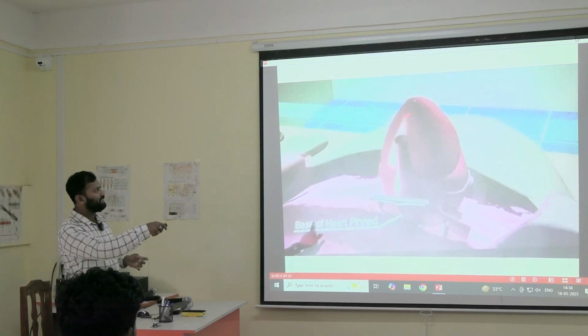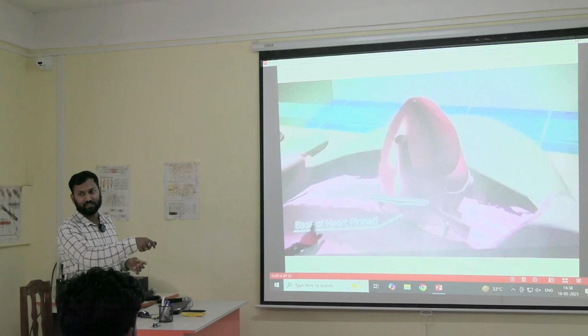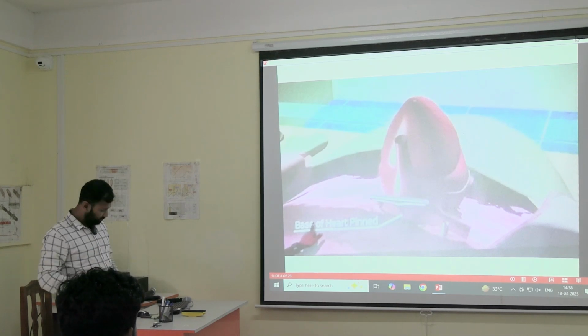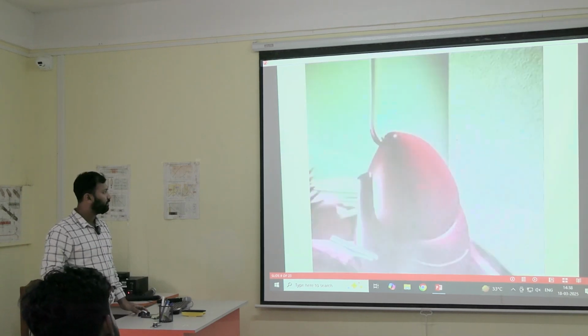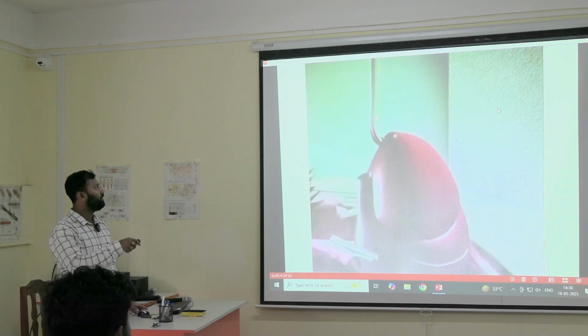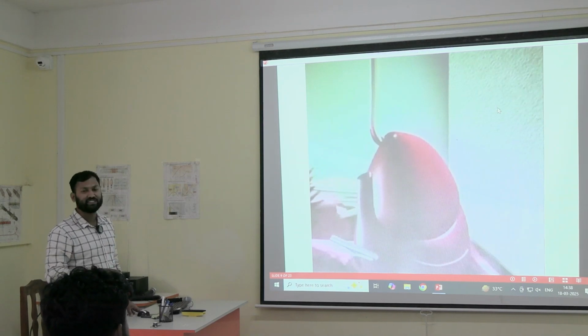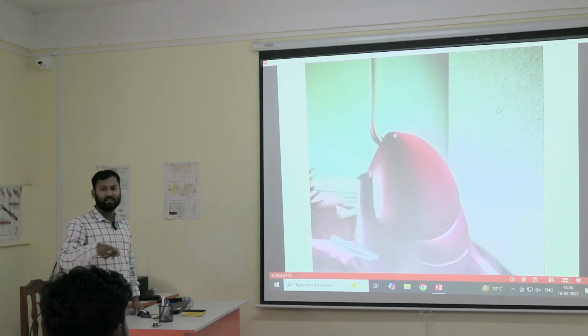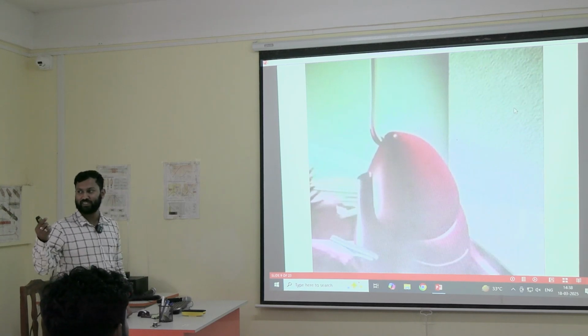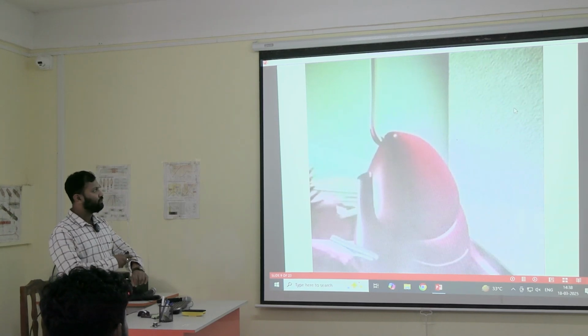The movement is only in this part and there is no other movement in this part. So we are pinning it. We will use a hook like this and we will pierce the outer part of the apex, and we will make sure that we do not damage the ventricles. We do not pierce the inside of the ventricle. Just on the superficial layer only we will pierce.